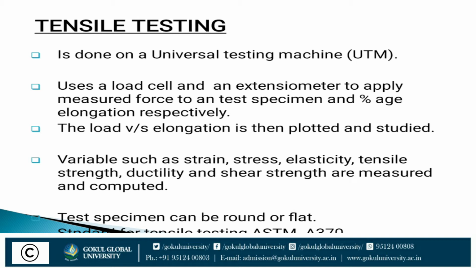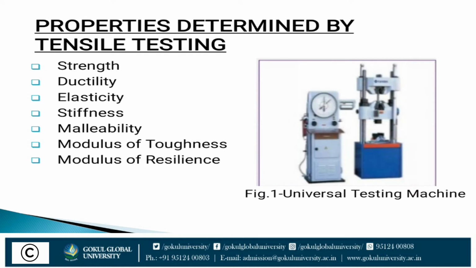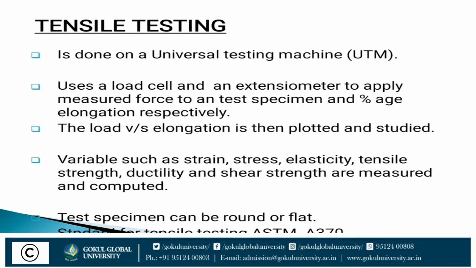Tensile testing. It is done on a universal testing machine. This is the figure of the universal testing machine. This equipment uses a load cell and extensometer to measure the force applied to the test specimen and the percentage elongation respectively.